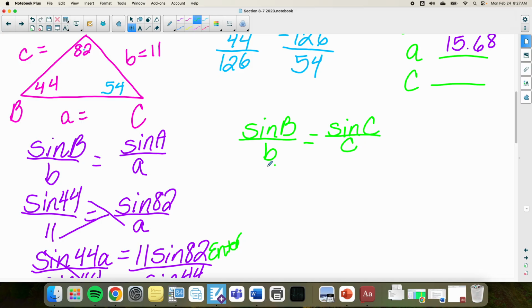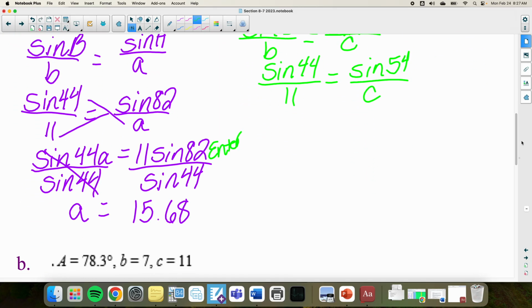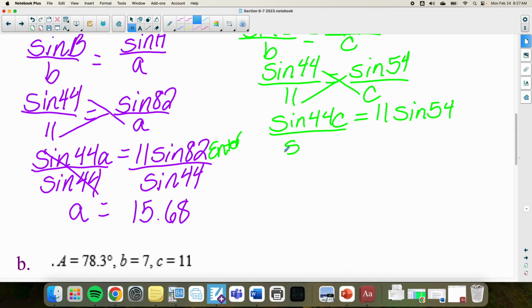So sine of B is sine of 44, little b is 11, sine of C is sine of 54, and we're looking for little c. So now I'm going to multiply this. I get sine 44c equals 11 sine 54. This is multiplied, so we're going to divide by sine 44.